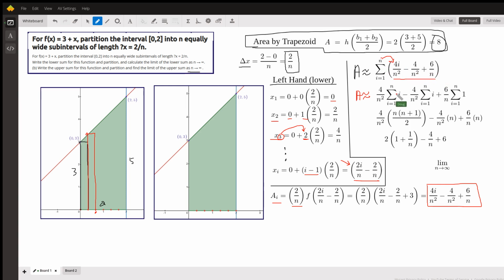And you can factor out a constant multiplier from a summation. So the sum of 4i over n squared is the same as 4 over n squared times the sum from i equals 1 to n of i. And I'll do the same for each of these. These are just constants, so I can factor them out. Whoops, this should be a 1, not an i.